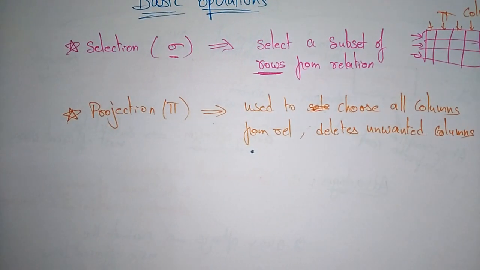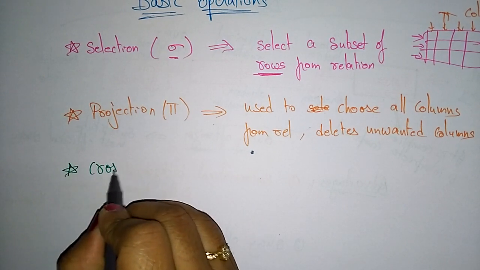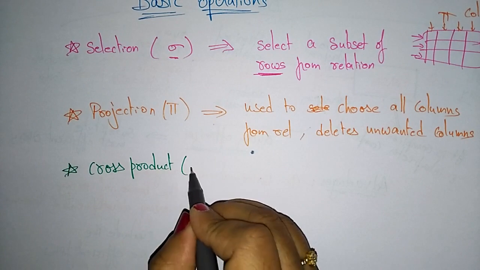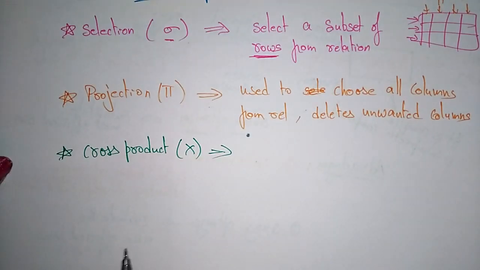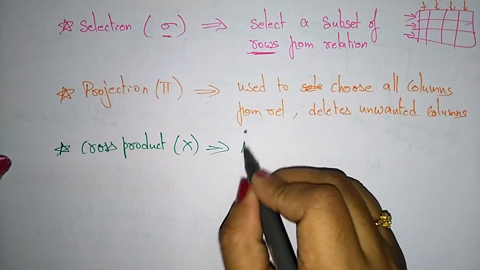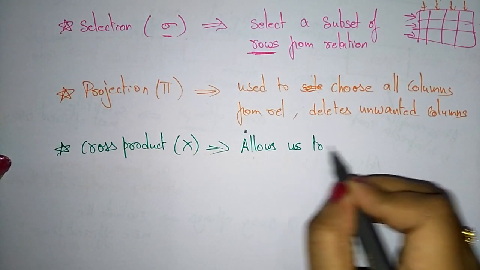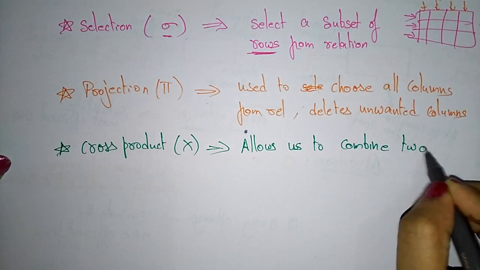And coming to the next operator, that is the cross product. The cross product symbol is the cross, like multiplication. What is the use of this cross product? This cross product allows us to combine two relations.